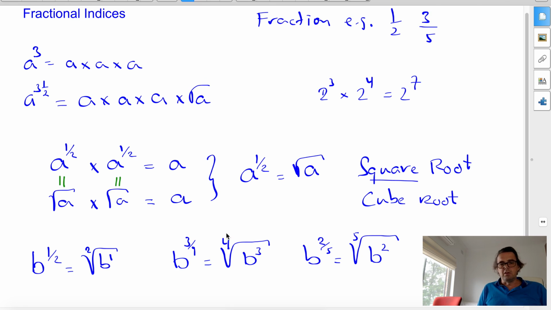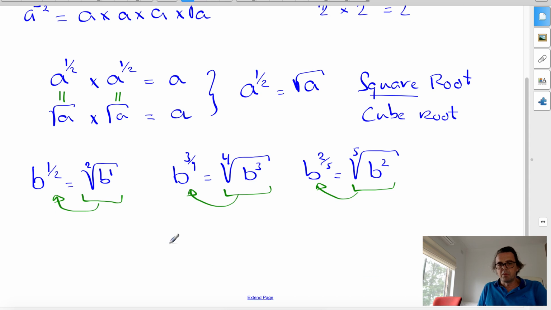Now the thing about these is that these are not really handy to work with. So most of the time you will convert roots to indices that way. Because when you convert these roots to indices, they get easy to work with. For instance, b to the power 1/2 multiplied by b to the power 3/4, you get to add up the indices.